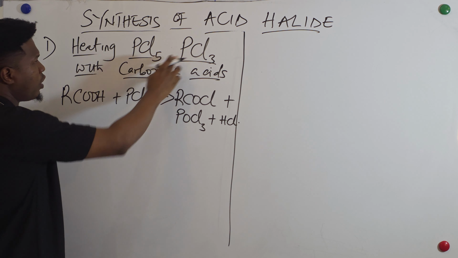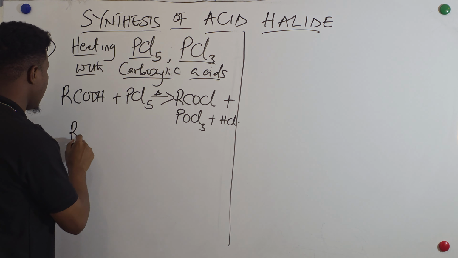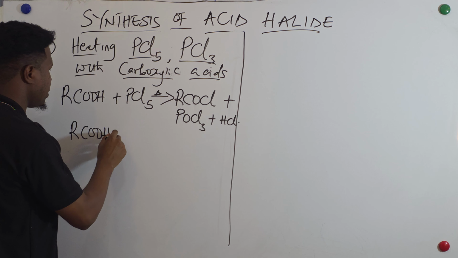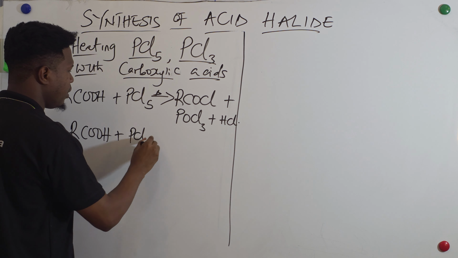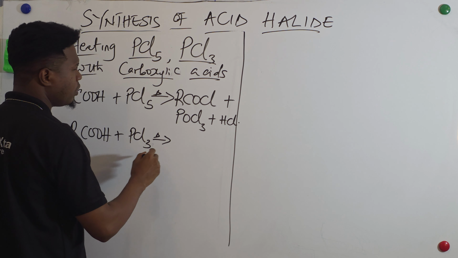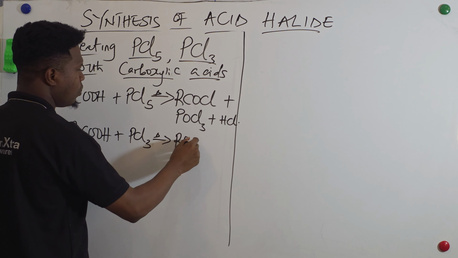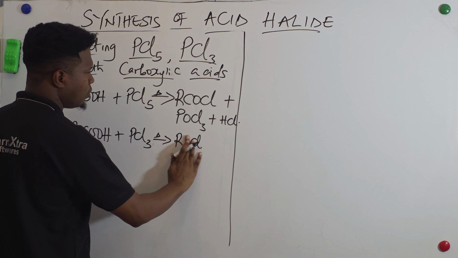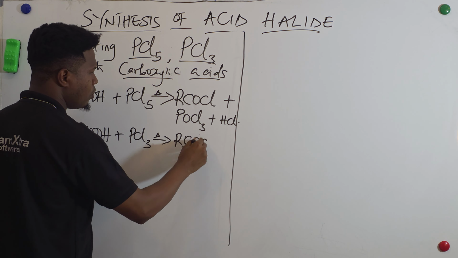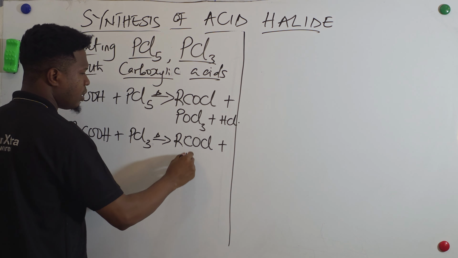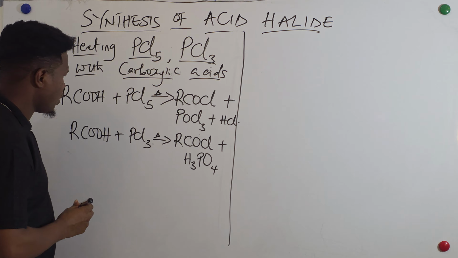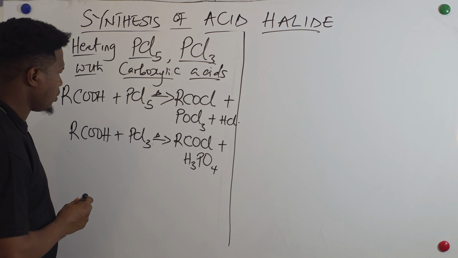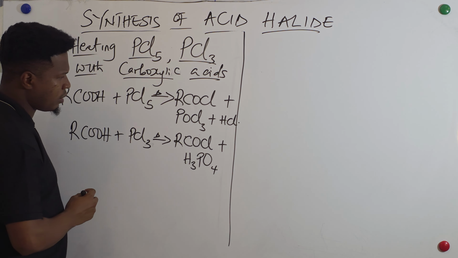If you are using phosphorus trichloride, you have RCOOH plus PCl3, which gives you RCOCl plus H3PO4. Let's check if the equation is balanced.